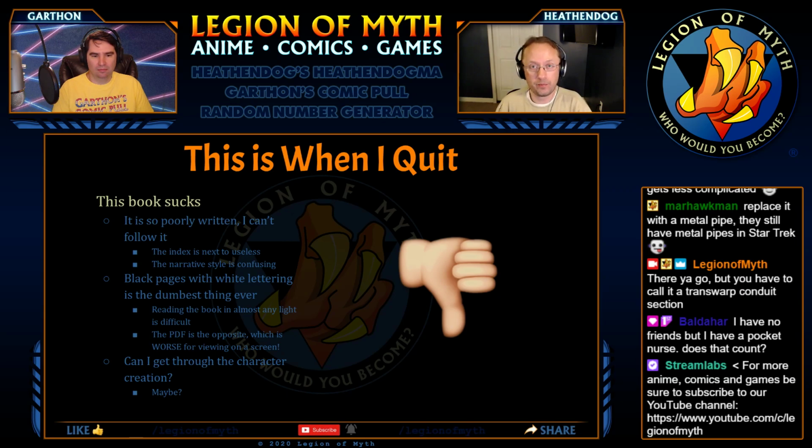If you want to find out how combat works, you have to look up the section called Operations and Advanced Operations. And this is where it gets stupid, because the book is written in a narrative style. The book is written as if a Starfleet Commodore is telling you the rules of the game.